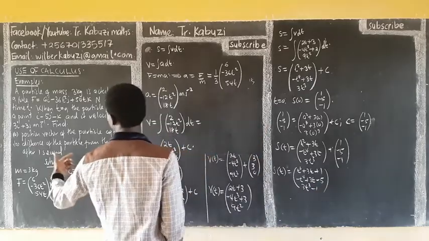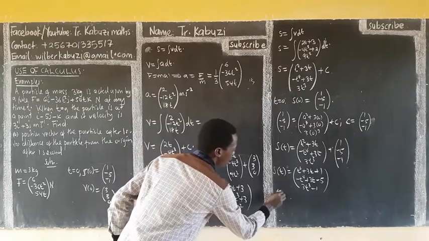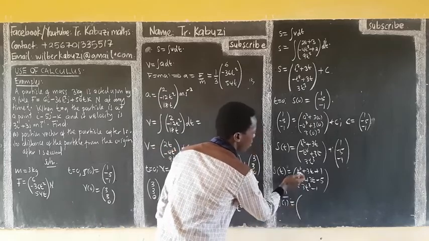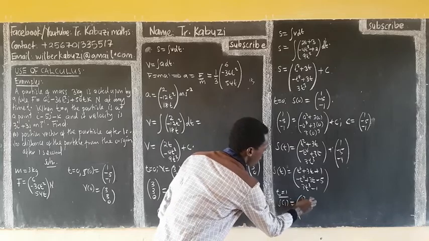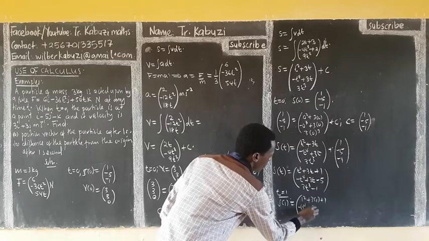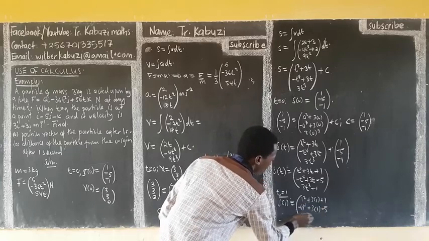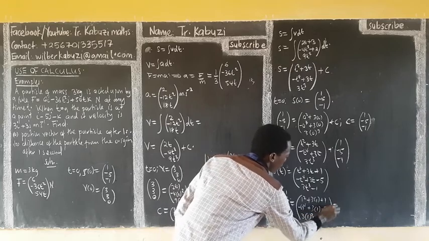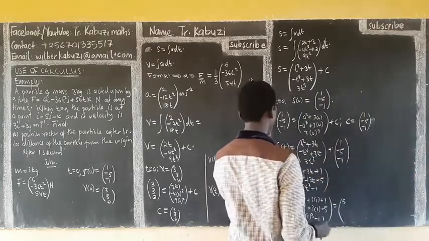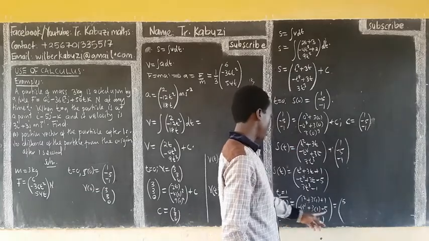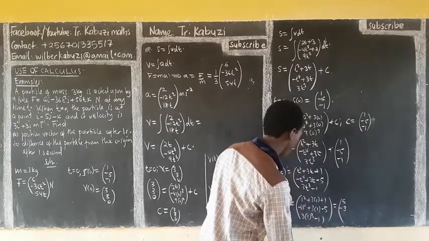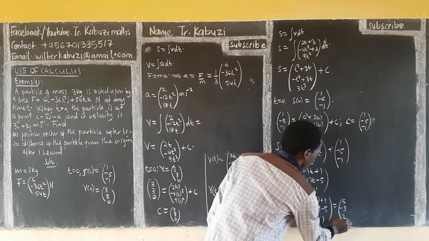So when t is 1, our displacement is going to be 1 squared plus 3 into 1 plus 1, which is 5; negative 1 to the power 4 plus 3 into 1 minus 5, which is negative 3; then 3 into 1 cubed minus 1, which gives us 2.